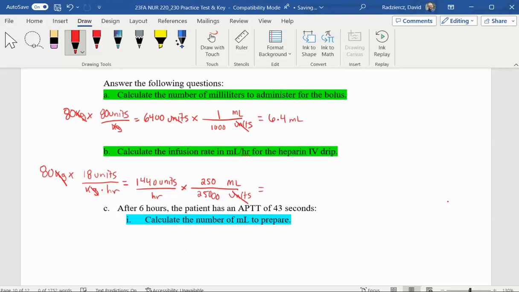We got rid of units. And then we should get, I think, 14.4 milliliters per hour. That's supposed to be a 4.